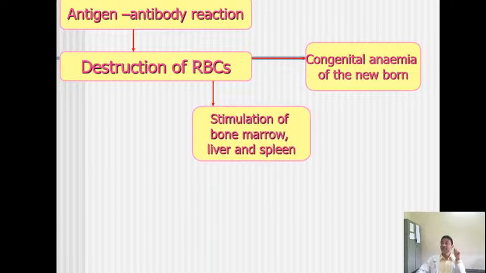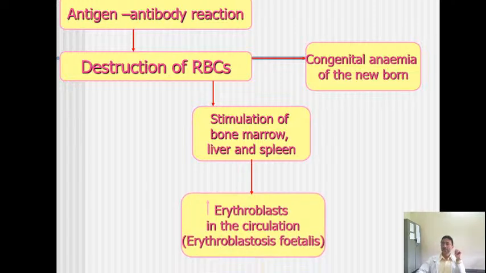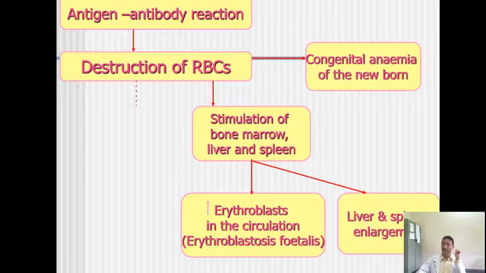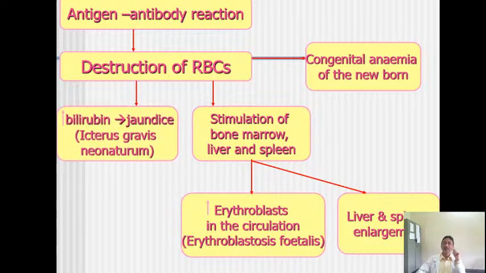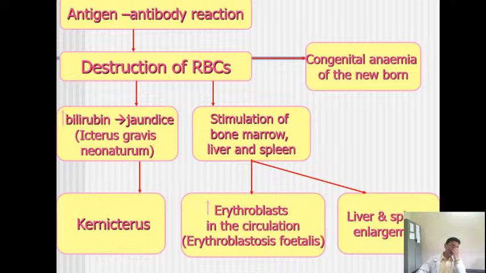Also, it simultaneously stimulates the bone marrow, liver and the spleen. So you will find that the abdomen is distended, the liver is palpable, the spleen is palpable. You will find that there are erythroblasts in circulation, the premature forms, hence it is known as erythroblastosis foetalis. Also, liver and spleen are enlarged, bilirubin is increasing, resulting in jaundice, and it crosses the blood-brain barrier and results in kernicterus.